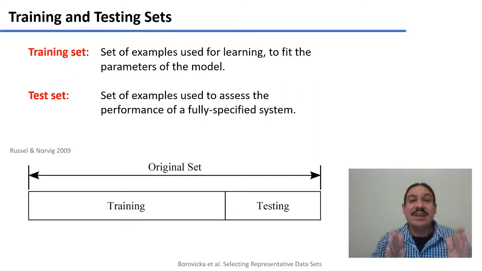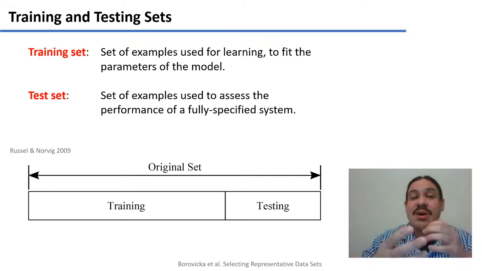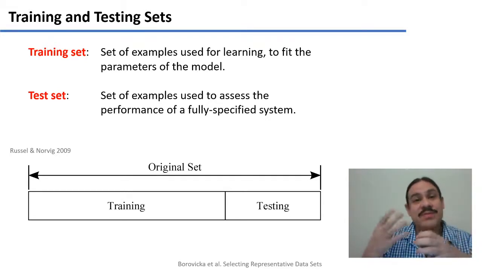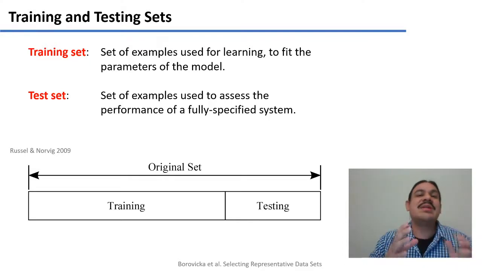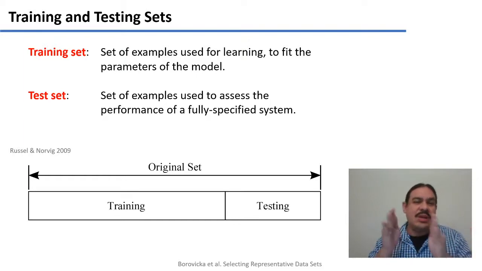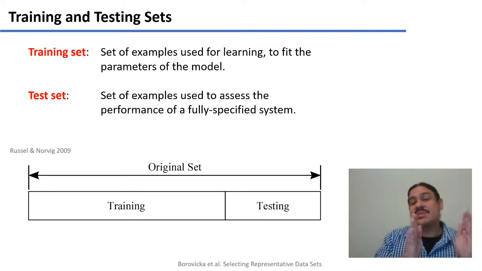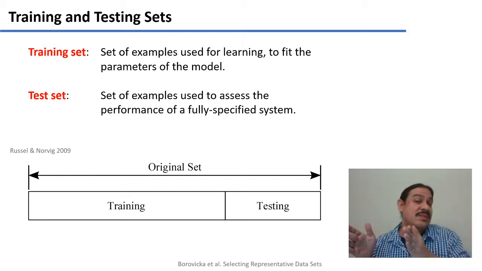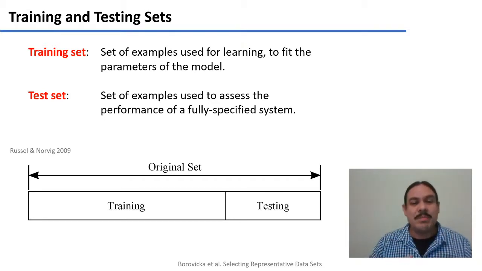We also have a training set, which is where the n-gram model is going to get its probabilities from. The bigram probabilities, the trigram probabilities, they're going to come from the training set. And these can be split in different ways. Sometimes they're 90% for training and 10% for testing. Sometimes they're 80% for training and 20% for testing, and so forth.